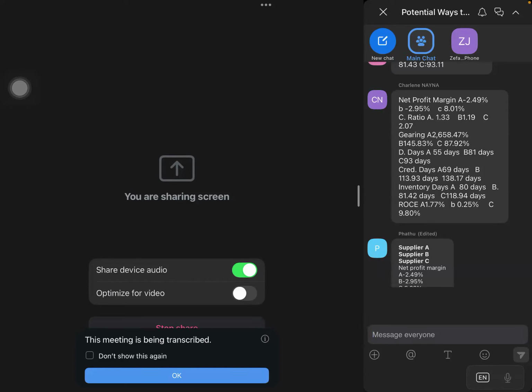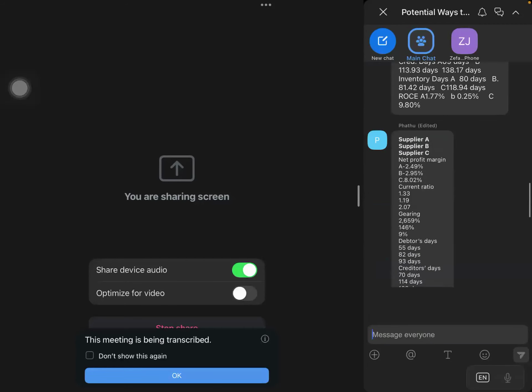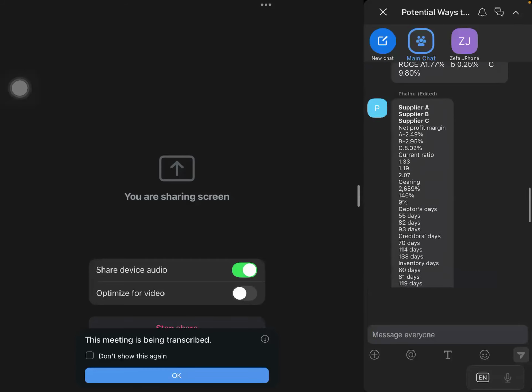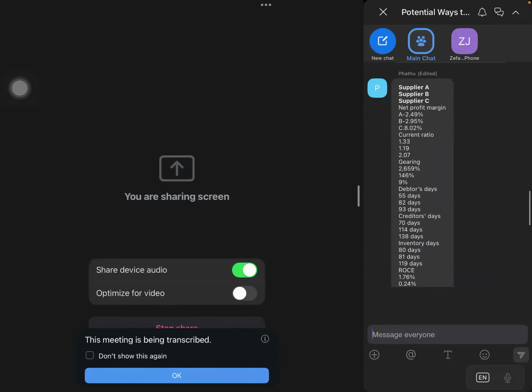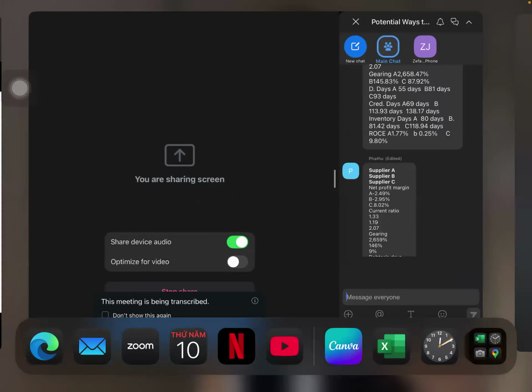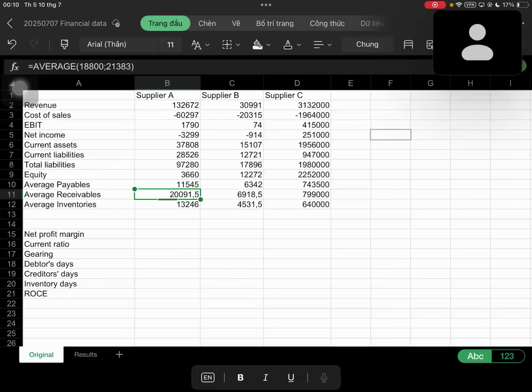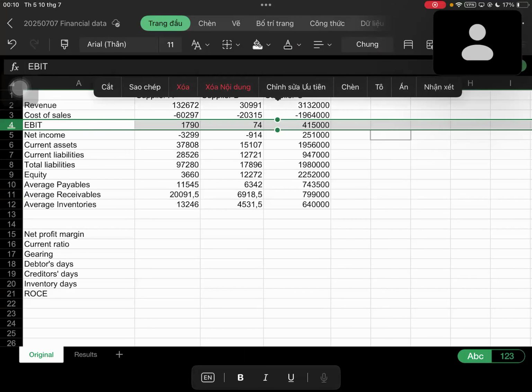Inventory days, correct. And only a mistake at row C, but I think your figure is pretty close. With row C, we take EBIT instead of net income. So we need to take from this row, not from net income, but from EBIT.